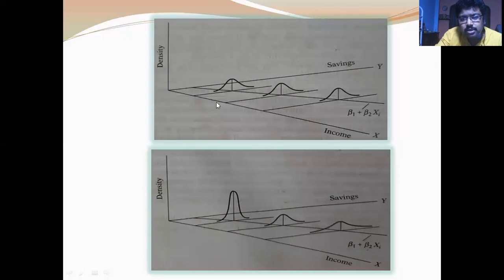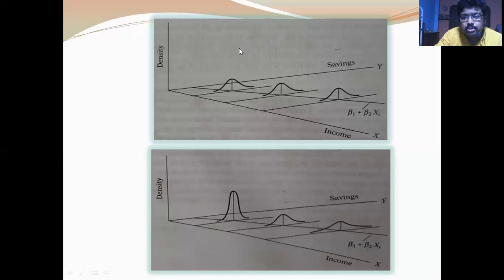You can find that in case of x2 income, the same variance is there. In the same way, in case of income x3, the variance is the same. This variance in y, that means this variance in savings, is due to the error term, the disturbance term, and this is normally distributed with constant variance.